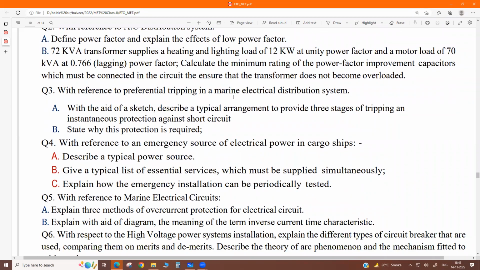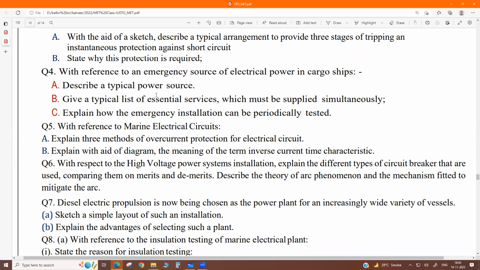Now preferential trip in marine electrical distribution system. Okay, now you know, reference of emergency source of electrical system in cargo ship. Typical layout of emergency source like emergency DC and battery bank. What are the essential services which should be supplied simultaneously? Okay, and emergency installation to be periodically checked.